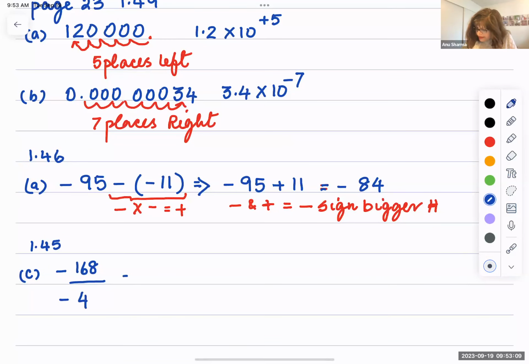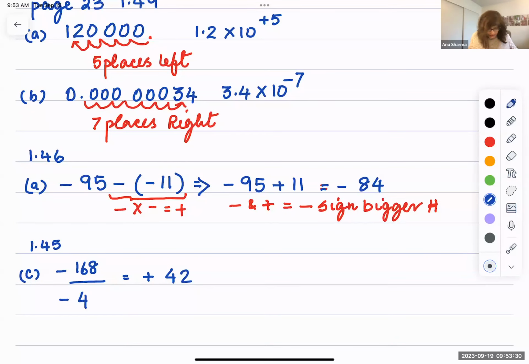So what do you get? In this case, minus and minus cancel out, so the answer is going to be a positive number. The rest is 168 divided by 4, and you get a positive 42. Got it? These basic rules you should know.